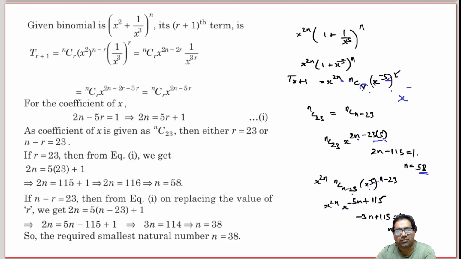This again should be equal to 1, so −3n + 115 = 1. Here n is 38.